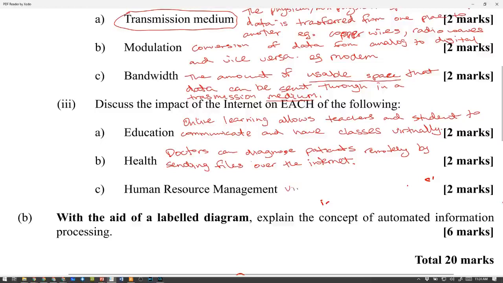So virtual interviews can allow companies to interview and hire prospective employees. Nice.